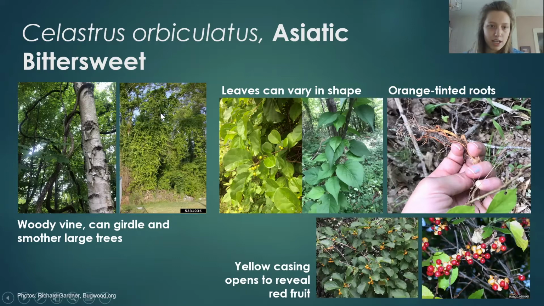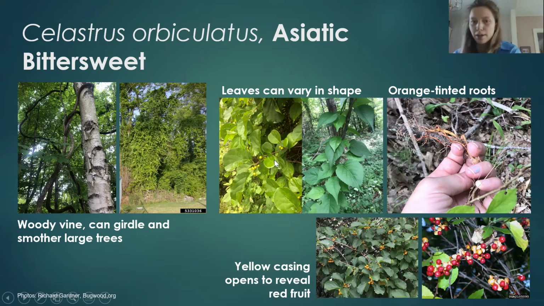And then this is an edge habitat. You'll see it just creates this wall of leaves up and down. There are some trees in there. It needs trees, it wouldn't just be growing like this. It needs something to support it. So that is what Asiatic bittersweet can look like on the edge of a wooded area.